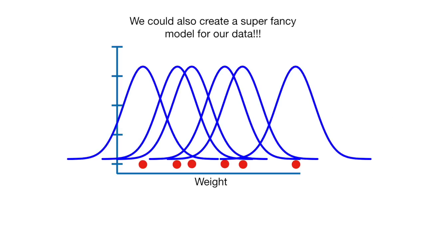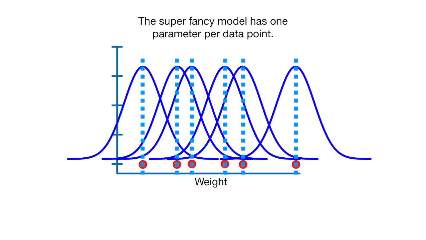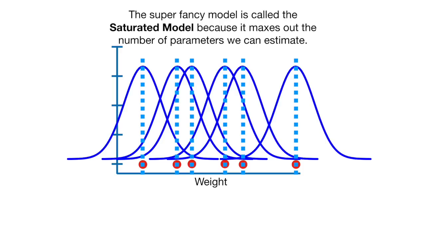We could also create a super fancy model for our data. The super fancy model has one parameter per data point. The super fancy model is called the saturated model because it maxes out the number of parameters we can estimate.